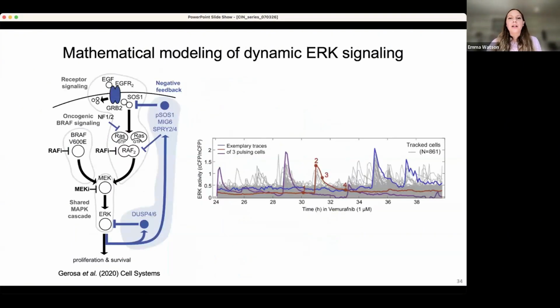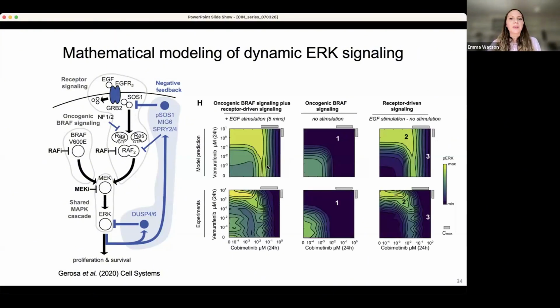And so now we wanted to learn a bit more about ERK signaling as it actually happens in the cell. This is a very complicated pathway described mathematically by Peter Sorger's lab in 2020 in a very nice manner. The RAS-RAF-MEK-ERK pathway actually contains a lot of negative feedback, and that results in this sort of pulsatile behavior of phospho-ERK activity in cells.